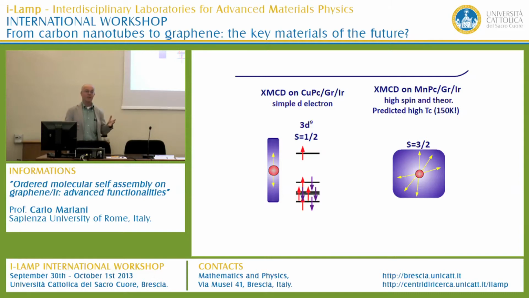And so, of course, you cannot work at 6 Kelvin in the real world. So we are going further. On one side, we try to use other phthalocyanines which have not only a higher spin response, but also a relatively higher critical temperature.